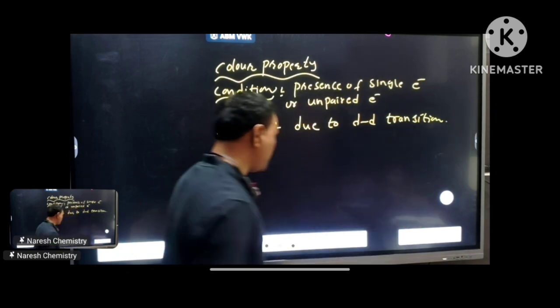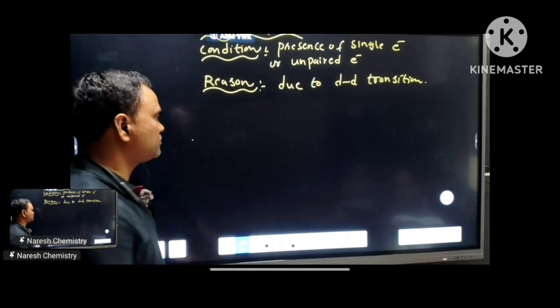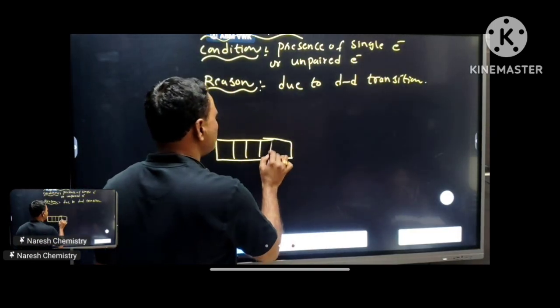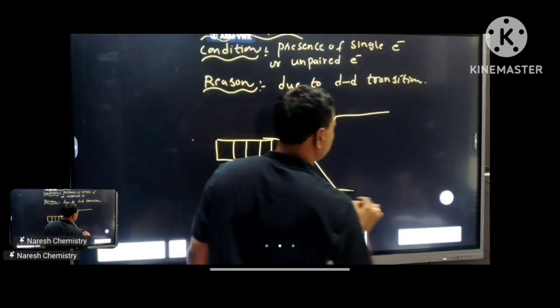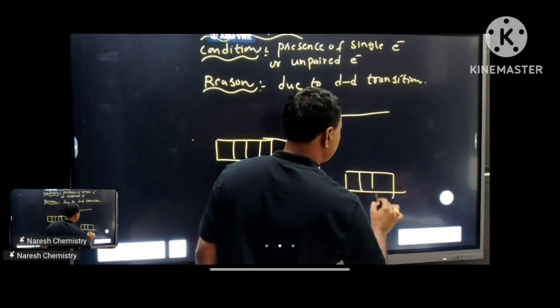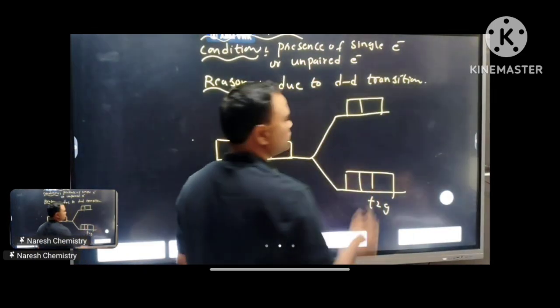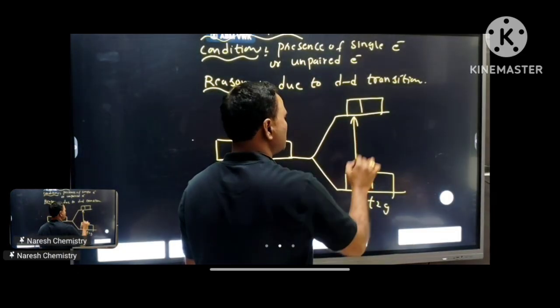What is d-d transition? D orbitals are classified into two types: t2g and eg. Electrons make transitions between t2g and eg.